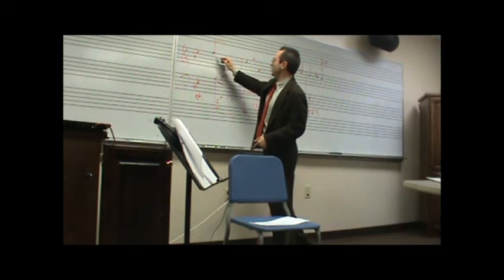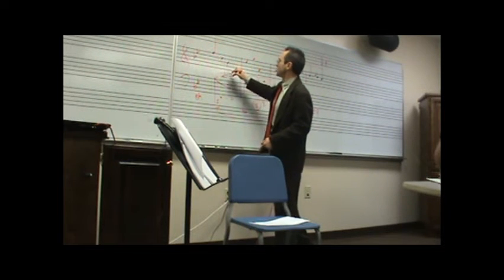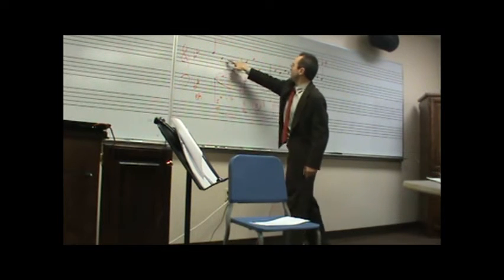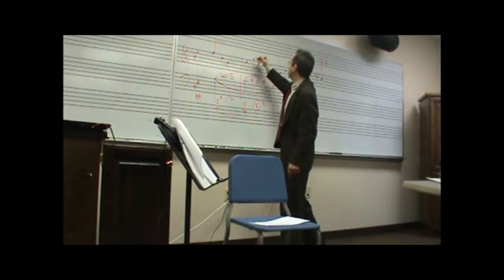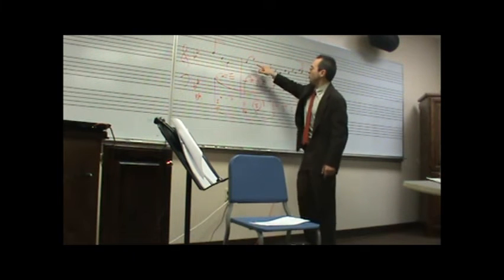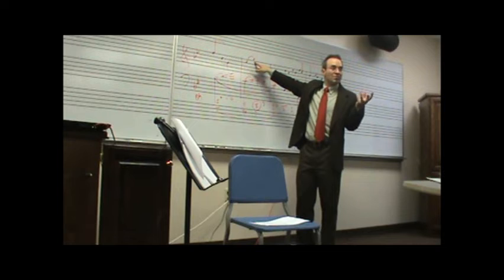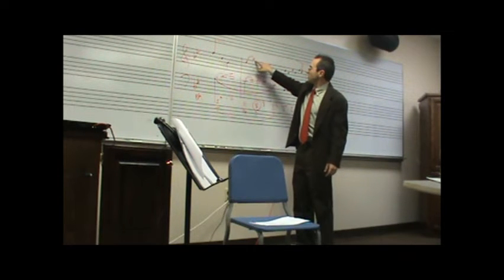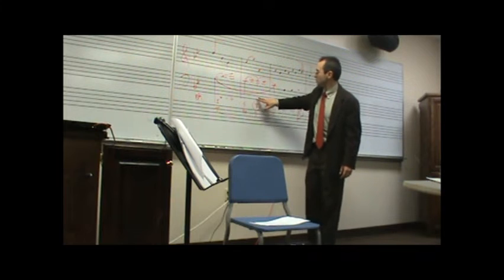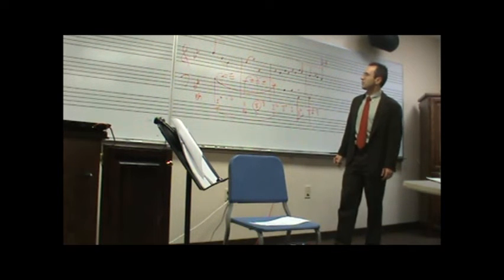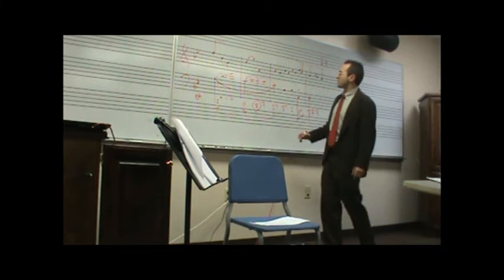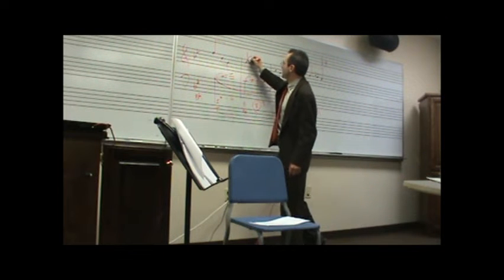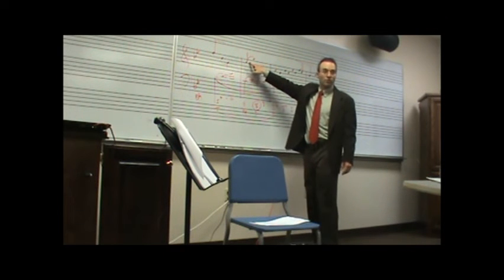Here's a fancy way to deal with this. I could view this as compound melody with a couple different lines going on. Those belong to the same chord, so I'm using the slur to show that they belong to one another. This is scale degree 4 and 6. They belong to the 2 chord down here. I think this one's more stable than that, so I'm going to go with the 4.